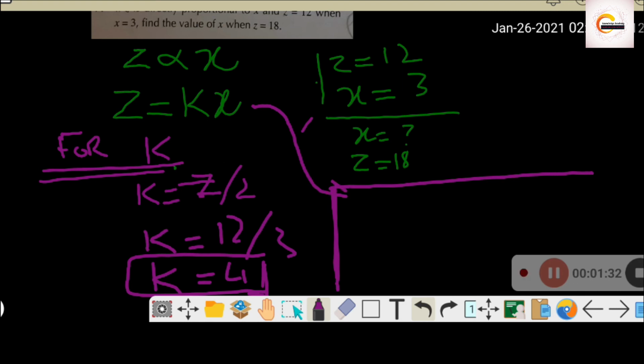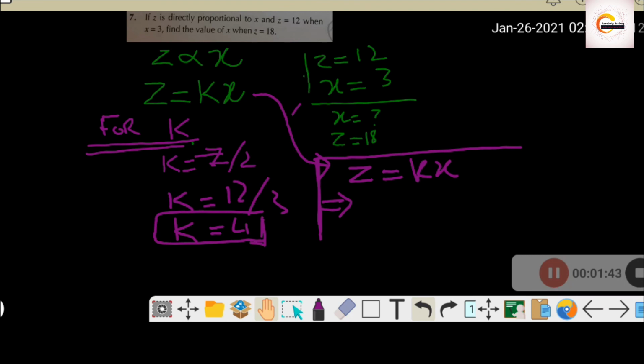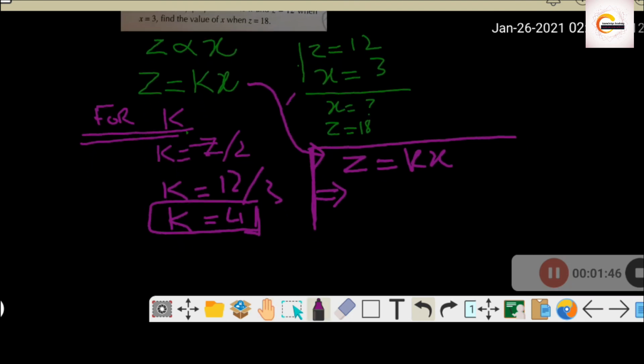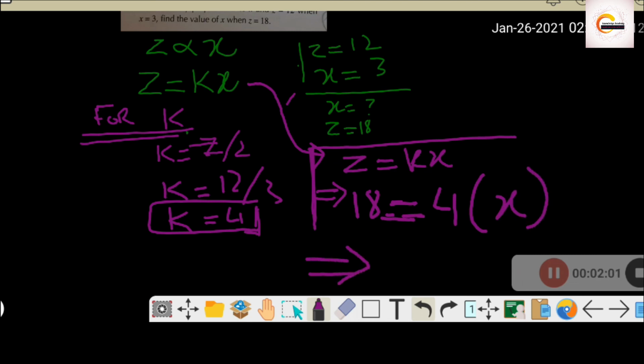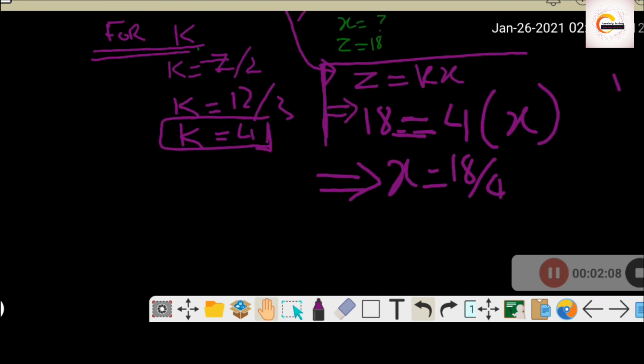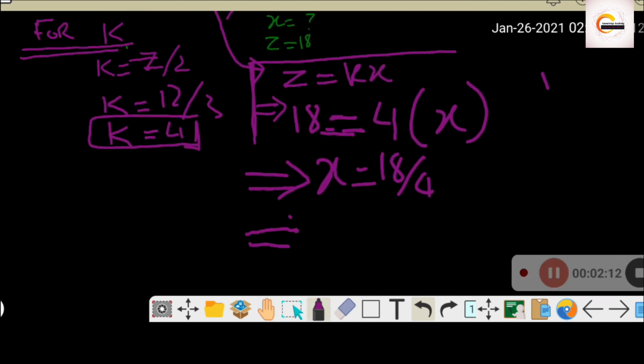We can easily find out the value of X. Z is 18 divided by 4, which is 9 upon 2.